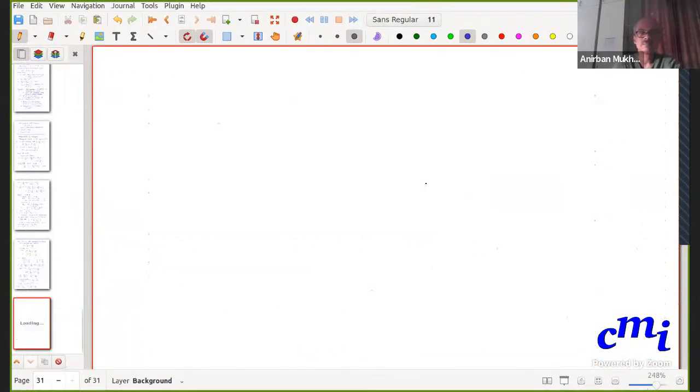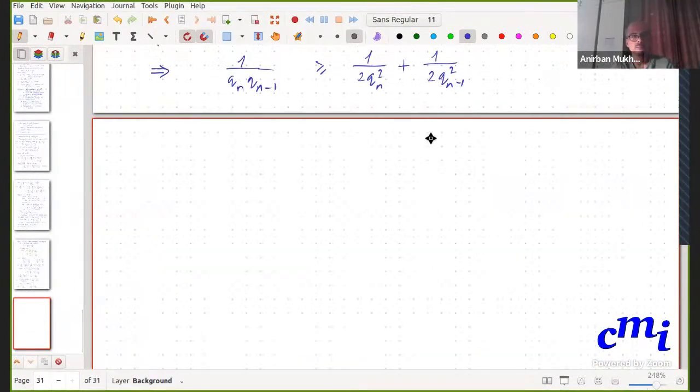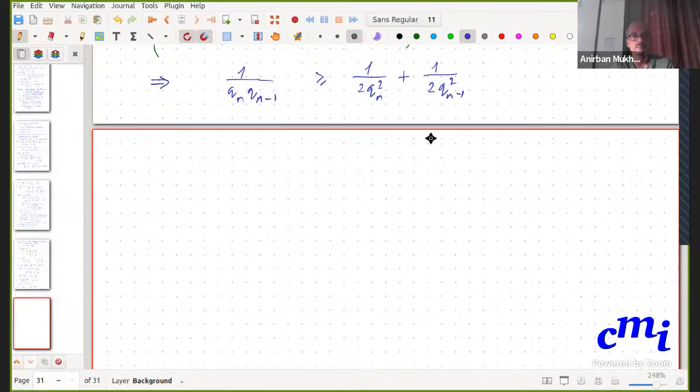Let's simplify further. So therefore, what do we get? Let's just multiply like this.